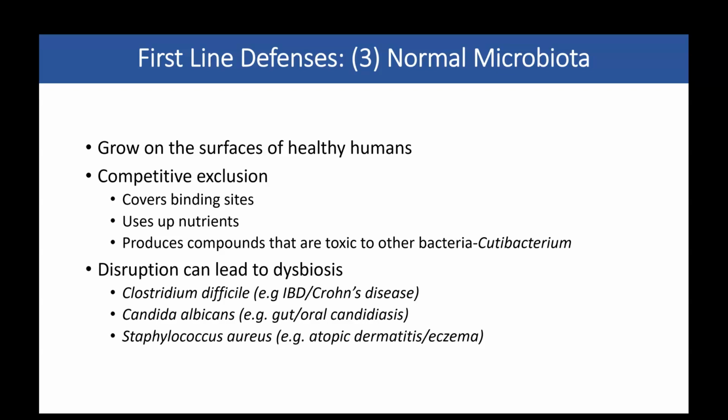In other words, they're crowding out any potentially harmful bacteria. So imagine there's a bacteria that we don't encounter very often and it wants to get on our skin. Well, it's not going to find a lot of space because our skin is already covered in bacteria. So that bacteria that's already friendly with us is going to cover up any potential binding sites.